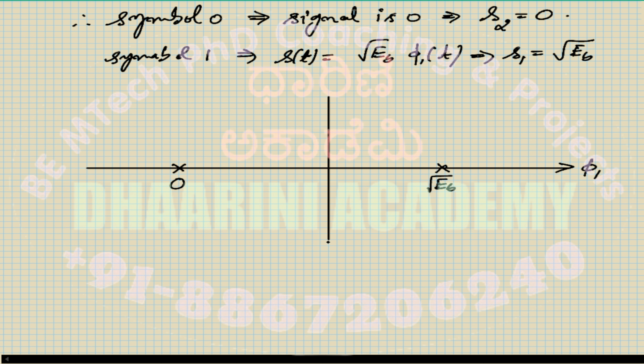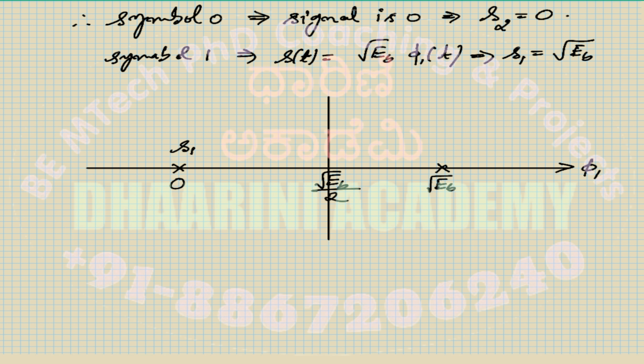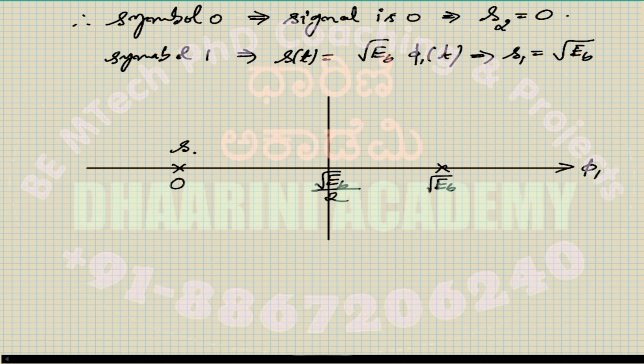Now, what is the central point? That is the decision boundary, right? So it is midway from 0 to root EB. So what is this point? This is the root of EB by 2, right? So 0 is S2, symbol 2 is 0, symbol 1 is 1, correct?